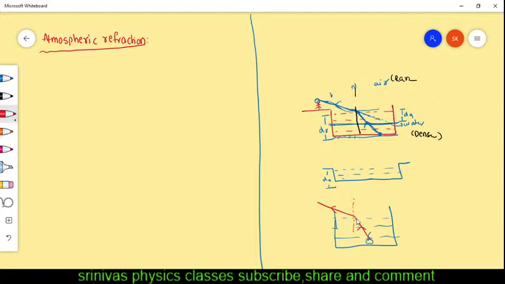When any person sees this blue object from outside, light never goes straight, it bends like this, and then you can do the extension here. Then the object appears here. That means the object never appears where it actually is, it appears here.